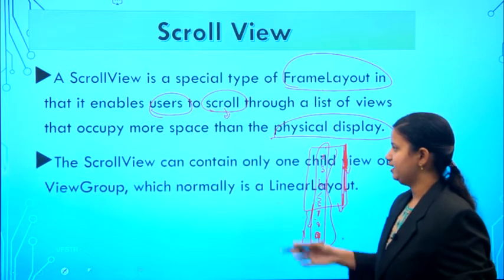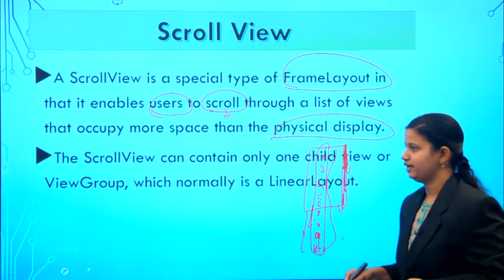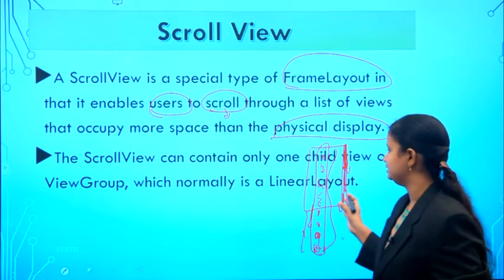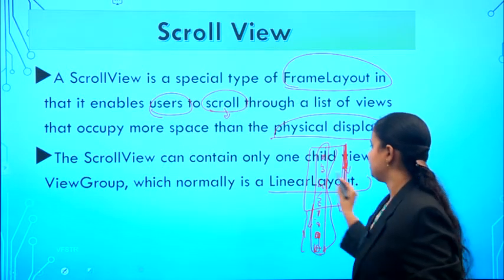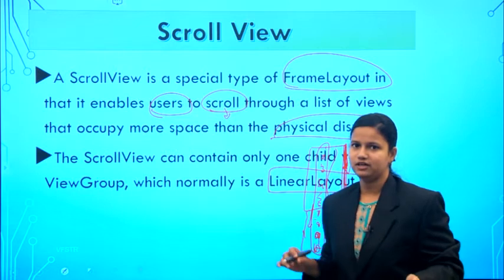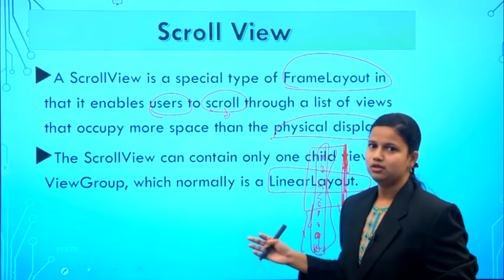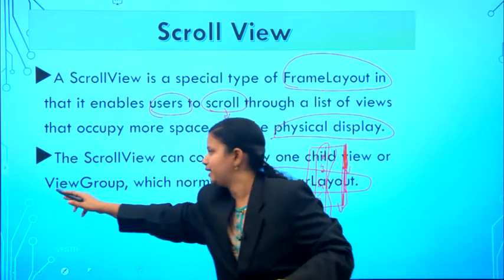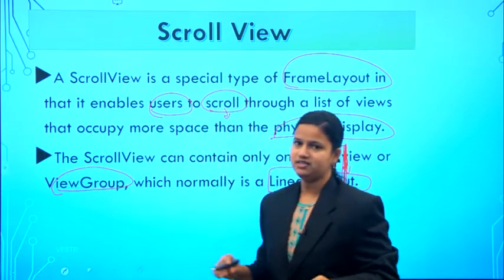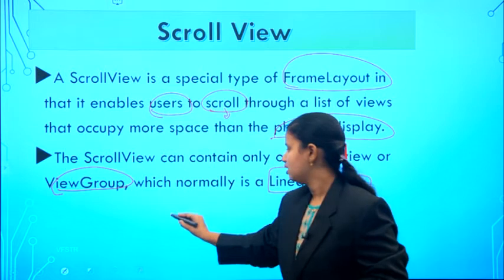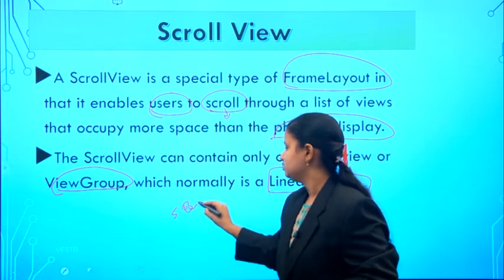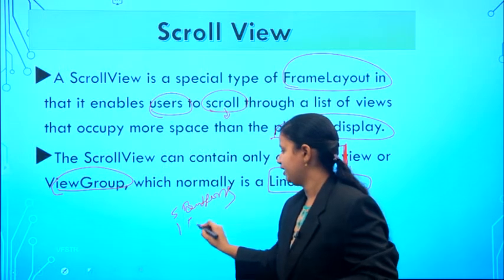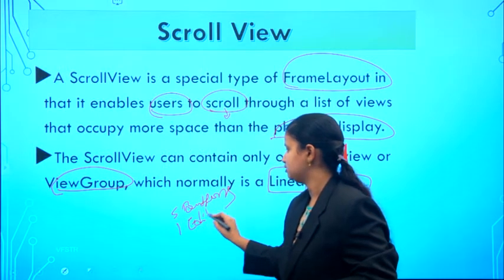The scroll view contains one child view or view group, which is normally a linear layout. I am considering an example for understanding this scroll view. It will contain 5 buttons and 1 edit text to enter the information.